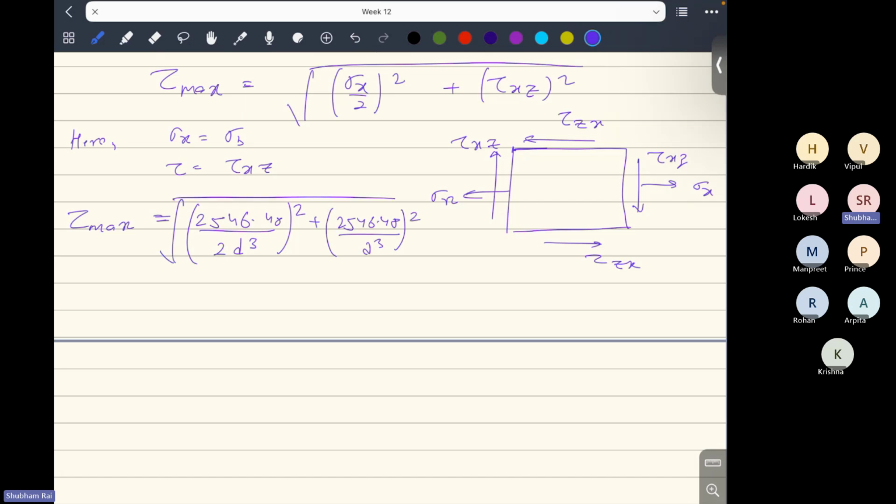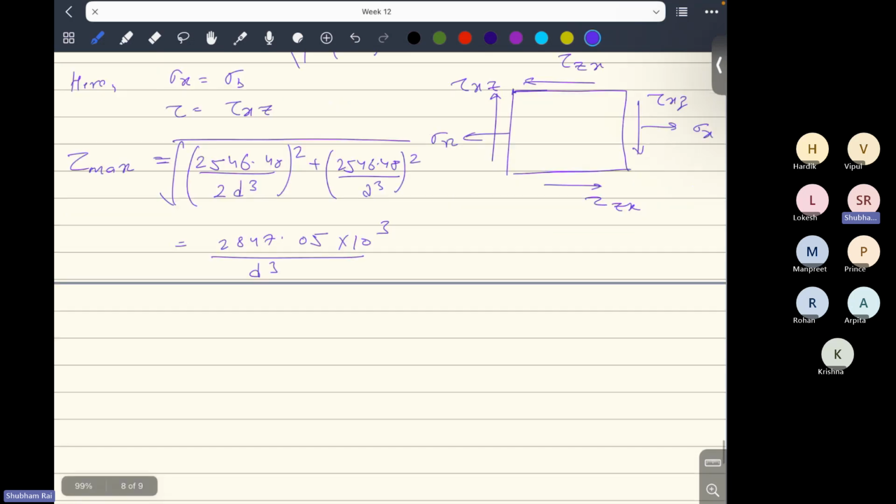Finally you should get 2847.05 into 10 power 3 over d cube.